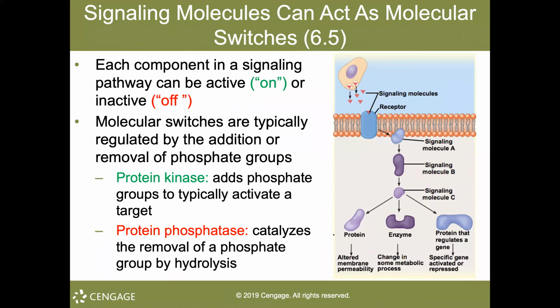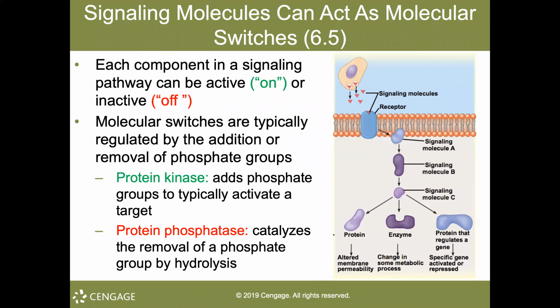And remember, we talked about this in the earlier chapters: in order to break polymers down, we undergo hydrolysis reactions. So, in order to catalyze the removal of a phosphate group, these phosphatases participate in hydrolysis reactions.